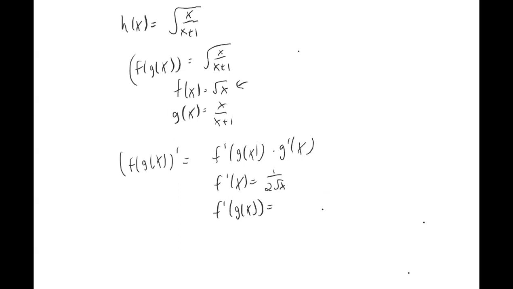If this confuses you, just think of f prime of 1. You do 1 over 2 root 1. If I ask you for f prime of 1, you plug in 1 for x. So here you plug in g of x for x. So this is 1 over 2, and g of x is x over x plus 1.